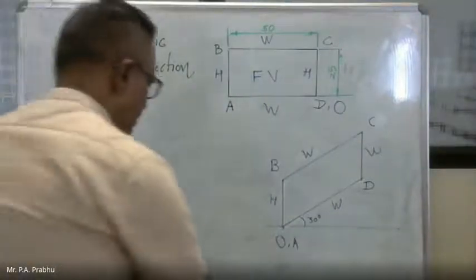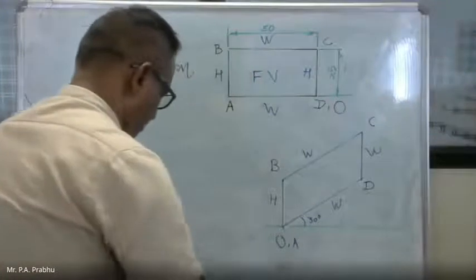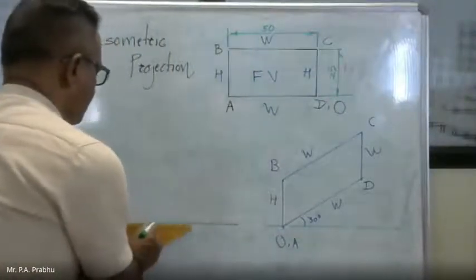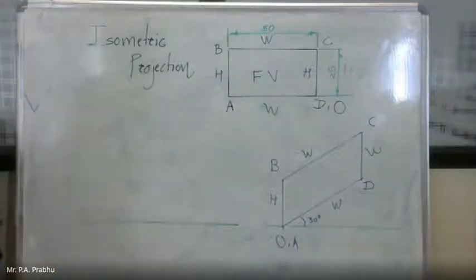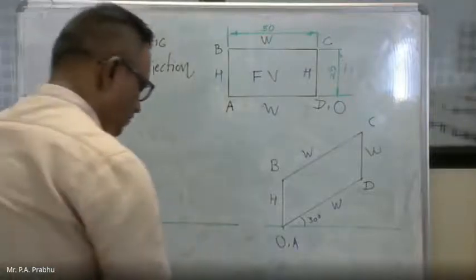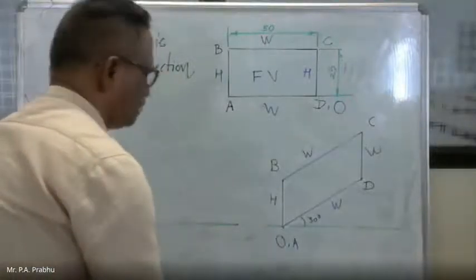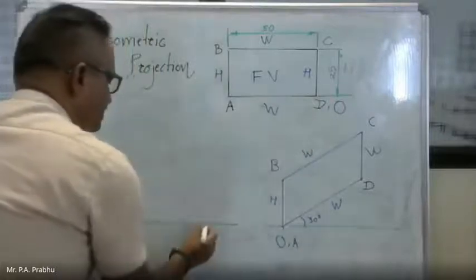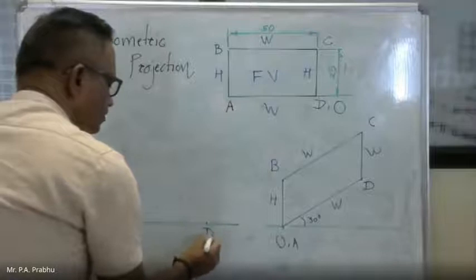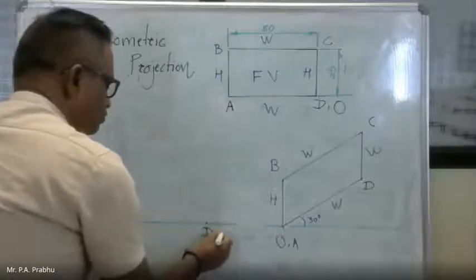So, start the second drawing. First, draw a horizontal line. Then, anywhere, mark this point D. Here O is origin.